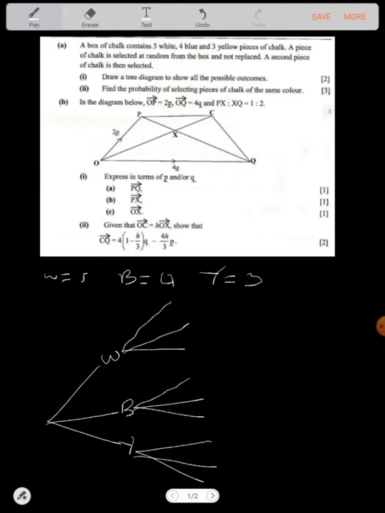Like that. So this will be white, this will be blue, this will be yellow, and the same for the other branches: white, blue, yellow.